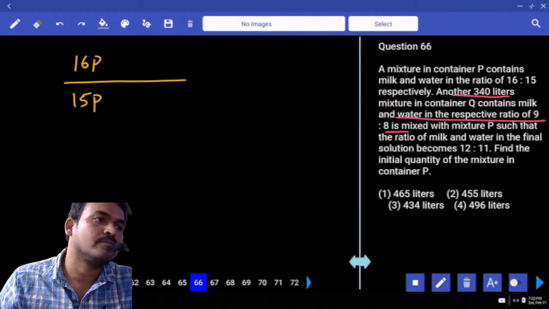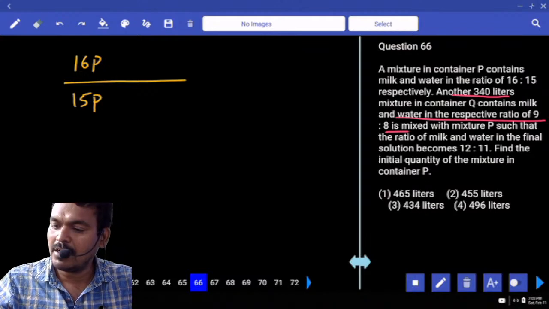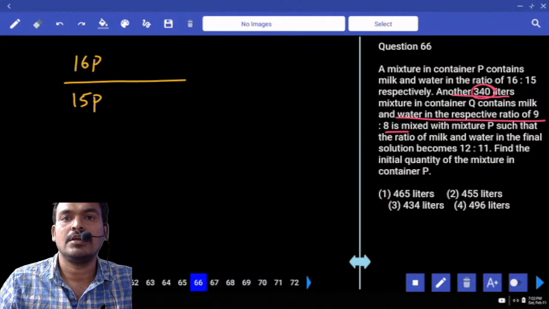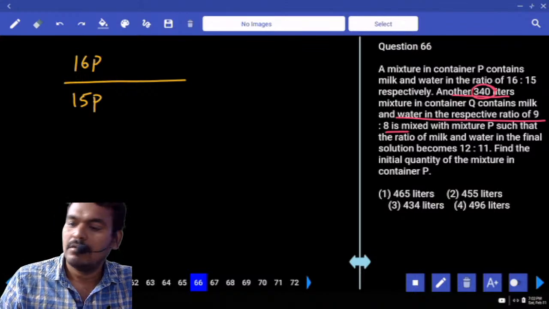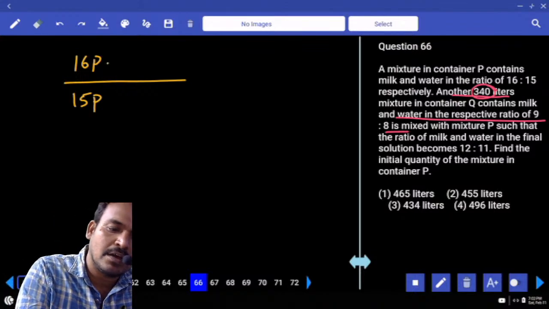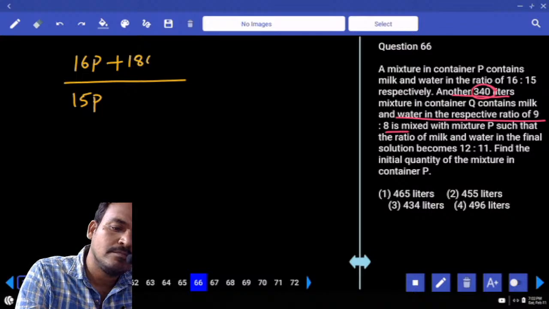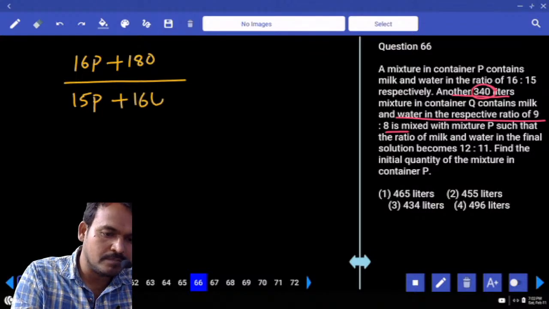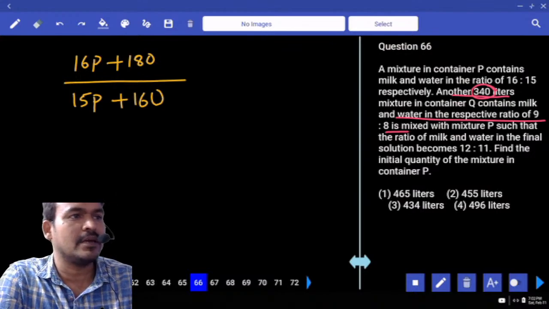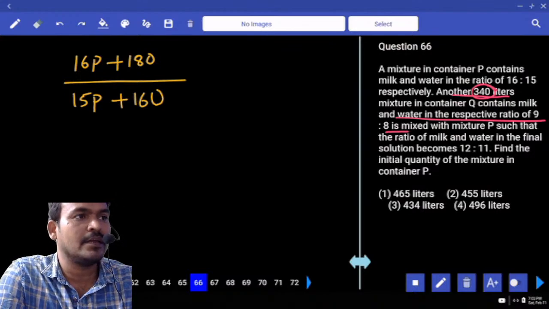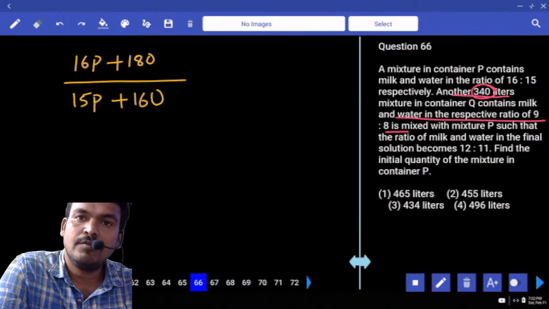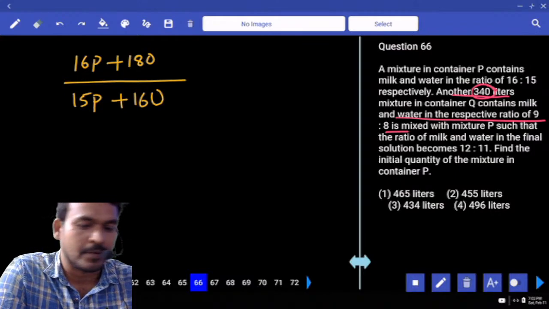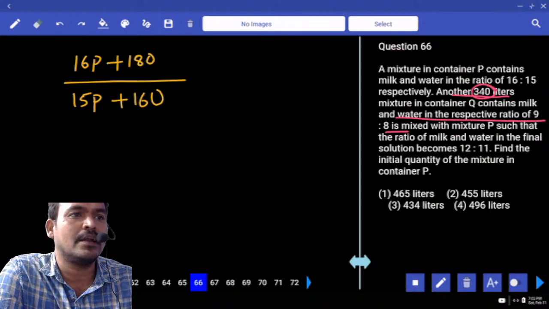Total how many parts? 17 parts. 17 parts is 340 liters, so every one part is 20 liters. 9 parts are 180. Next, 8 parts are 160. 16 parts is the milk in container P, 180 is the milk in container Q. 15 parts is the water in container P, 160 is the water in container Q.